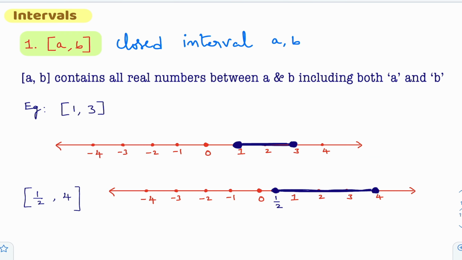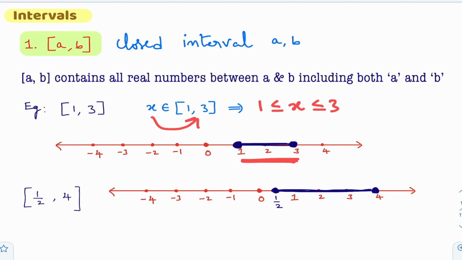You observe here, if you see this type of notation, x belongs to closed interval 1 comma 3, then this can be written as 1 less than or equal to x less than or equal to 3. When x belongs to this interval, it means that x values lie in this interval including both 1 and 3.